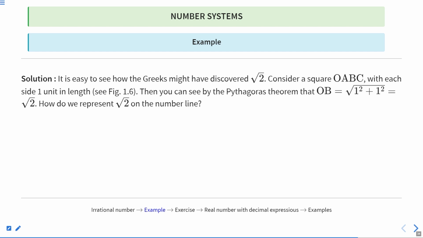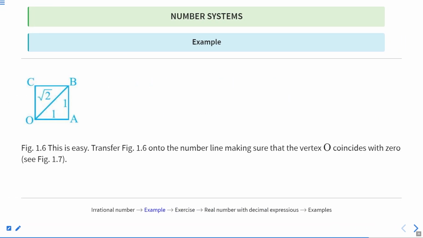Then you can see by the Pythagorean theorem that OB is equal to the square root of 1 square plus 1 square, and this is equal to square root of 2. So how do we represent root 2 on the number line? Here this is figure number 1.6.